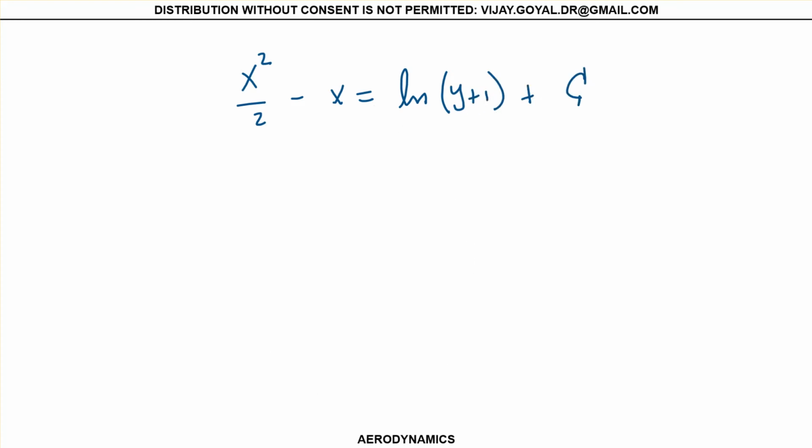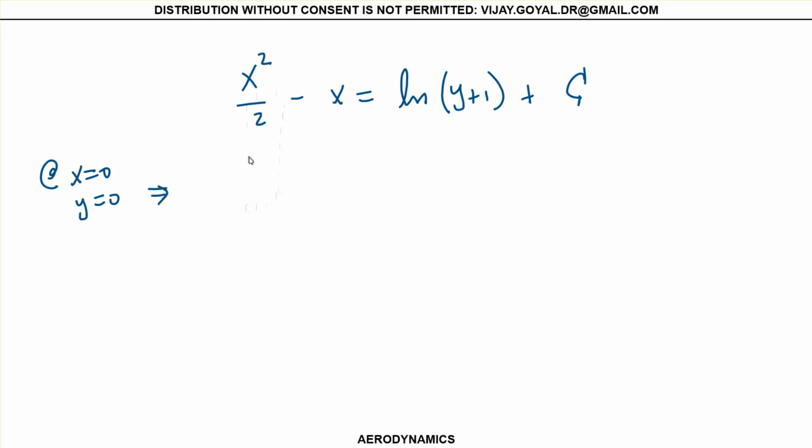Okay, now I need to find that constant because remember the problem told you that we want to solve everything at x equal to 0 and y equal to 0. That was the streamline that we were actually looking for.